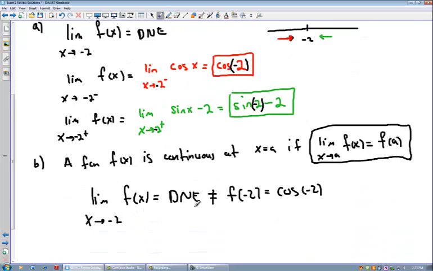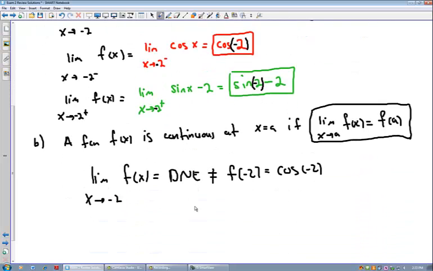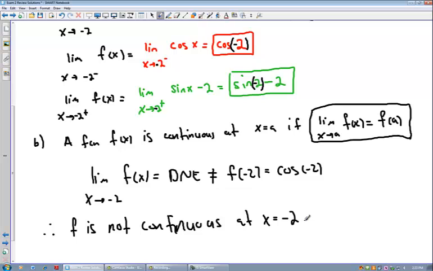So my final conclusion here is that because this definition is not satisfied, this limit does not exist, so it's not equal to the actual value. Therefore, f is not continuous at x equal negative 2.